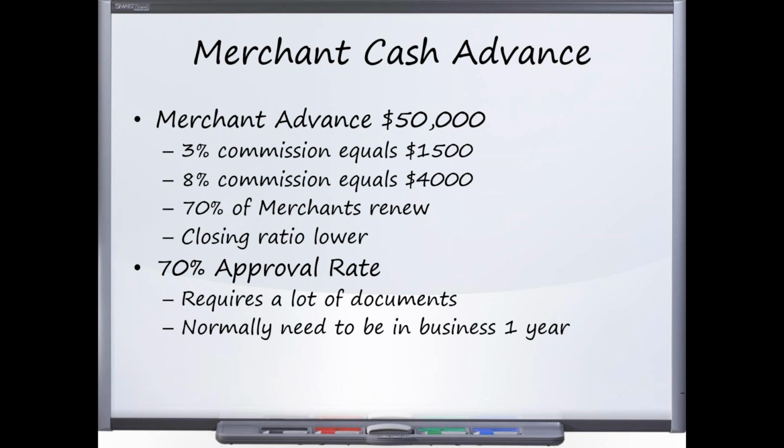They can have a recent Chapter 7 bankruptcy and be all right. It requires a lot of documents. We've got to normally get 6 months' worth of their checking account statements, 6 months' worth of their credit card processing statements, and other documents, driver's license, to be able to check everything out.